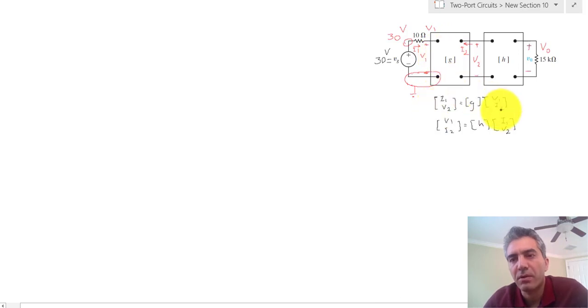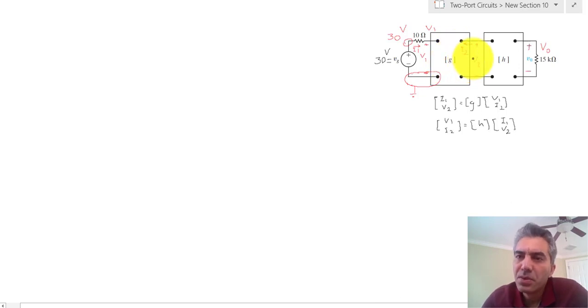These equations are valid given that we follow this convention. In other words, the current of port 1 goes into the positive terminal of port 1, and current I2 for port 2 goes into the positive terminal of that port.